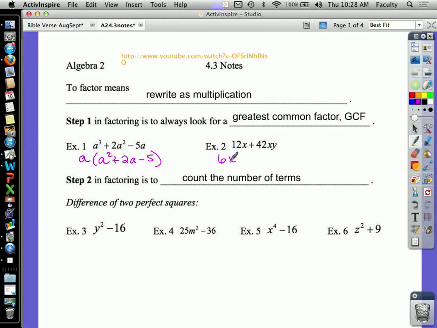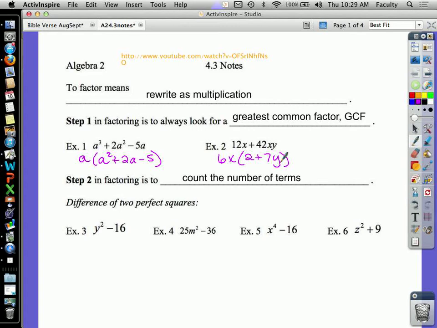Thank you, Henry. Yep. So that's 2 plus 7y, and what you're doing is you're using the distributive property, and we want to check our work. 6x times 2 is 12x. 6x times 7y is 42xy. Okay? So step 1 in factoring, look for the GCF.